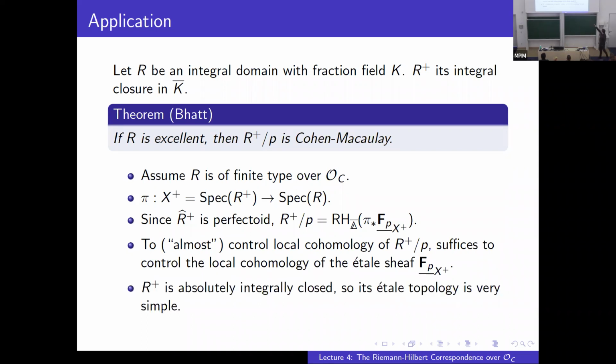The upshot is this is something you can understand very well. This ring R plus is absolutely integrally closed, and that forces the étale topology of the scheme X plus to be very simple. For example, there's no difference between the étale topology and the Zariski topology for such a scheme. These are some of the ingredients that Bhargav used in obtaining a very non-trivial consequence in commutative algebra.